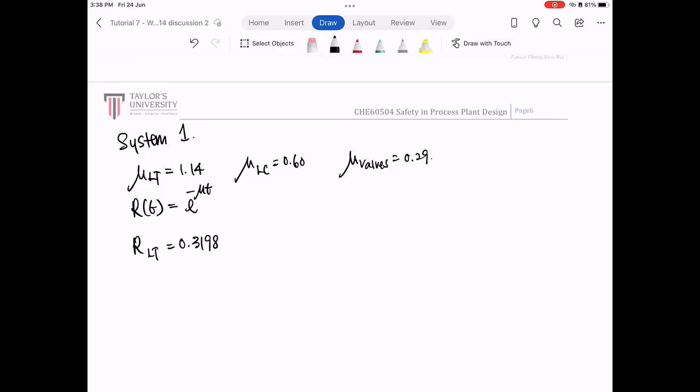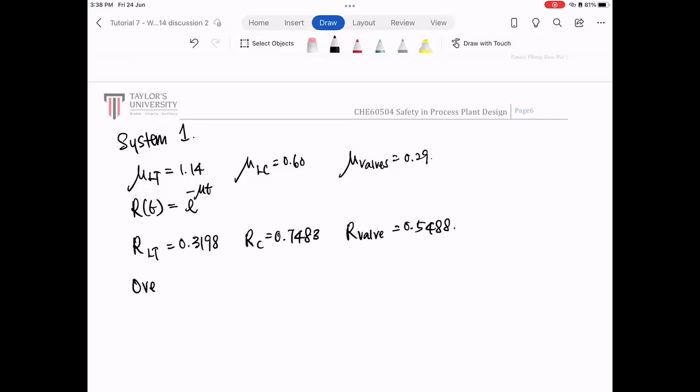Remember just now Naga has given me the flow controller, the R for controller is 0.7483, and R for valves is 0.5488.